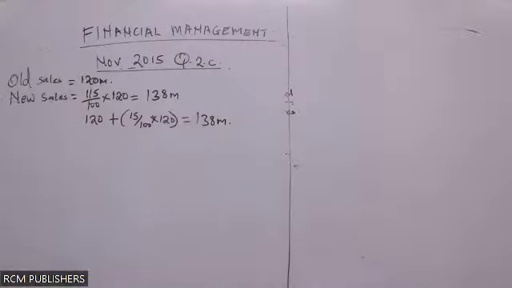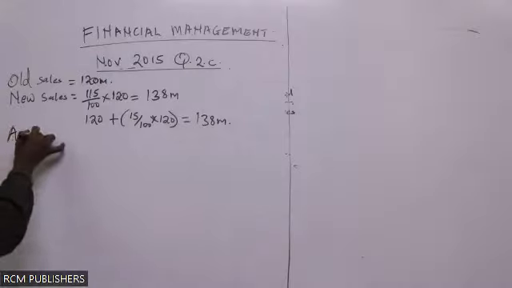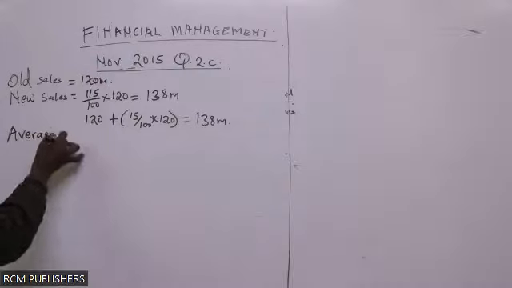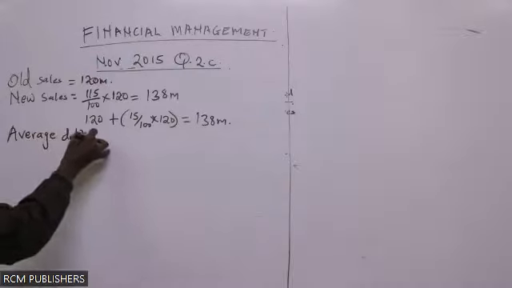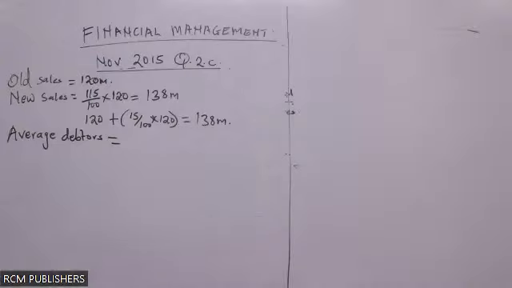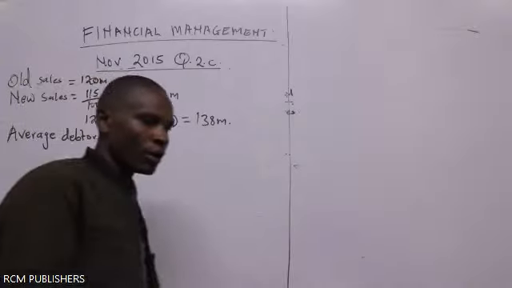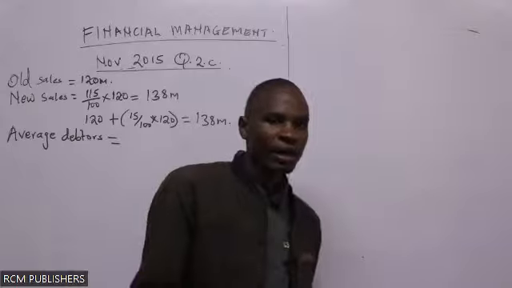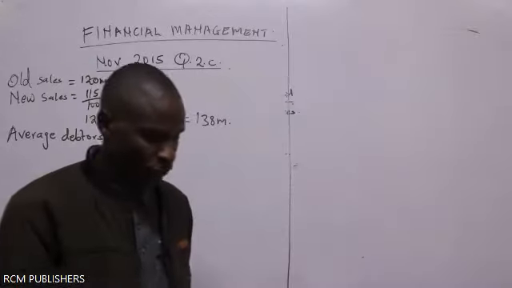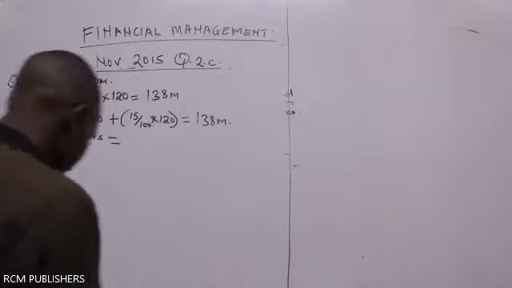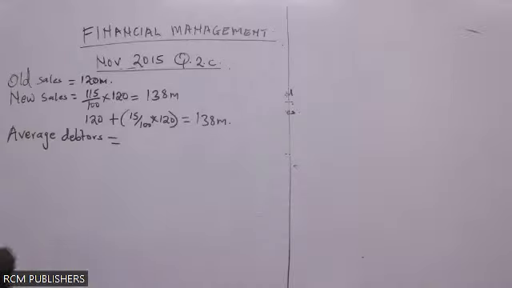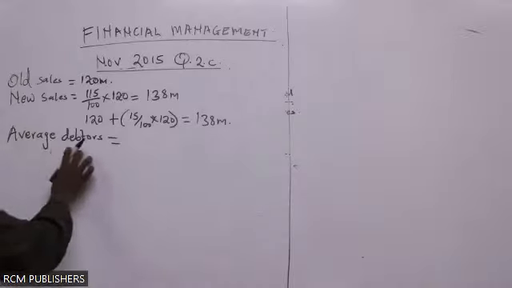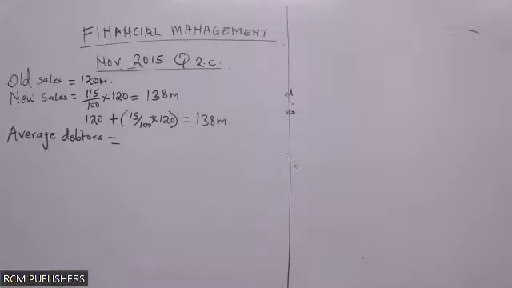Great. Now, if I have the new sale, I need to get the average debtors. First I must get how the average debtors is found from our ratios. Judy, when we were analyzing the financial statement using ratios, we said that to get average debtors, we divide by the correction period.